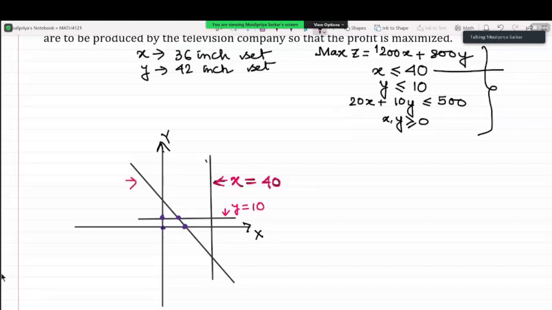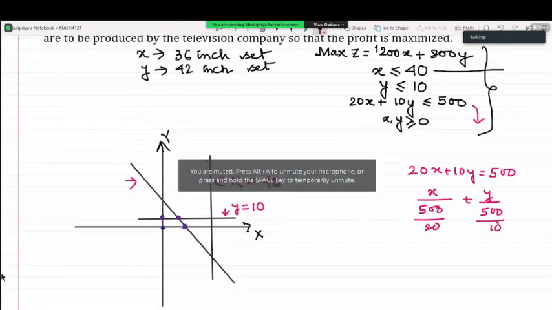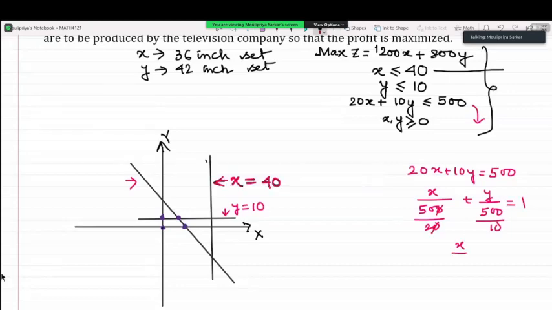We can convert this inequality to an equation, 20x plus 10y equal to 500. Then if you convert it to intercept form, x by 500 by 20 plus y by 500 by 10 equal to 1, drawing the lines would be much easier. It's x by 25 plus y by 50 equal to 1.